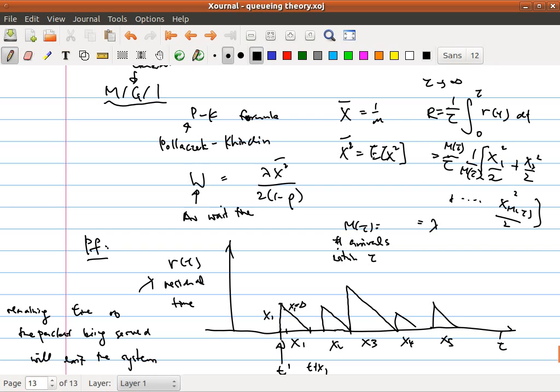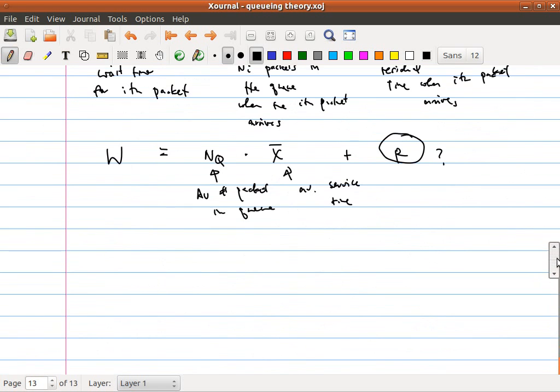Therefore the first term is just lambda, and the second term is really computing the empirical average, or empirical expectation, of x squared here, right? So it should be just equal to expectation of x squared, or lambda x bar squared. Of course I have an over 2 here, so R is just equal to lambda x bar squared over 2.